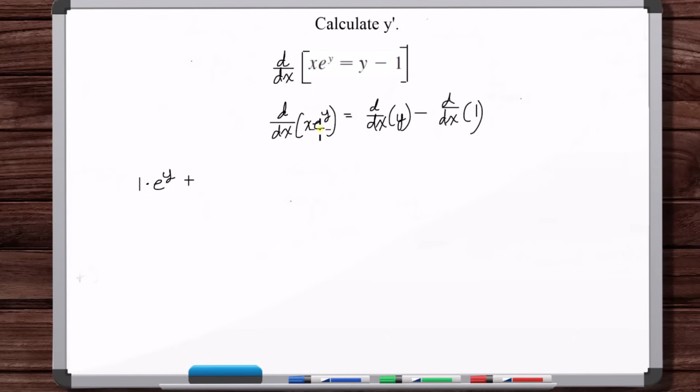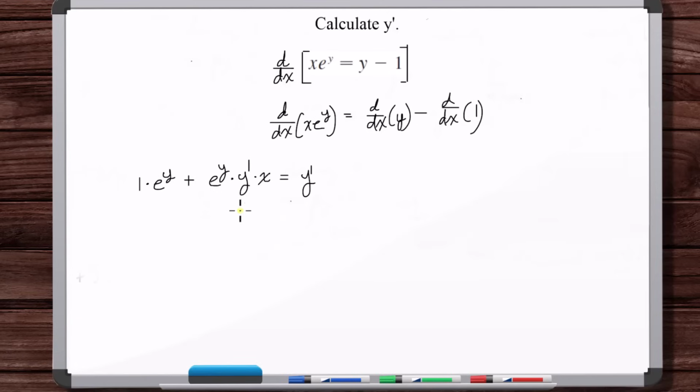What is the derivative with respect to x of e to the something? It's just e to the something times the derivative of that something. So we've got the derivative of the first times the second plus the derivative of the second times the first. d dx of just y is just y prime, and then d dx of a constant is 0.